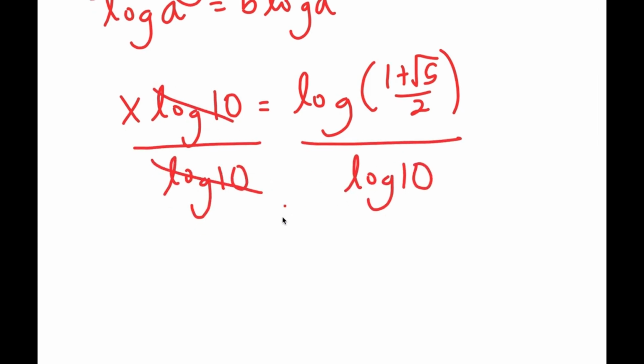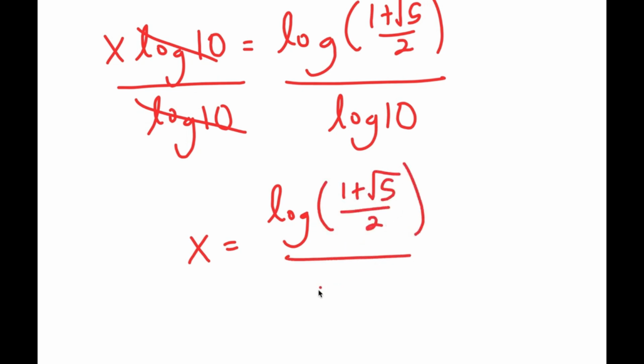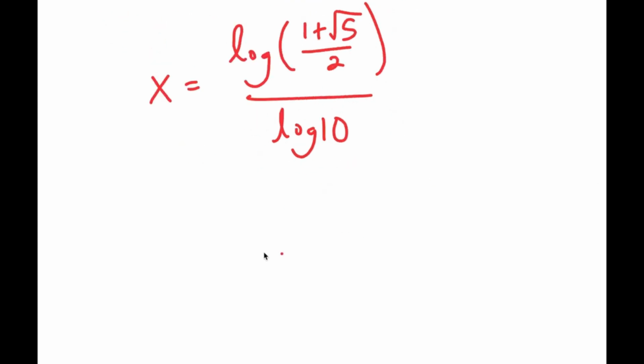So then these two cancel out, and I get x is equal to log of (1 plus the square root of 5) over 2, over log 10. And log 10, if you guys already know, is equal to 1.